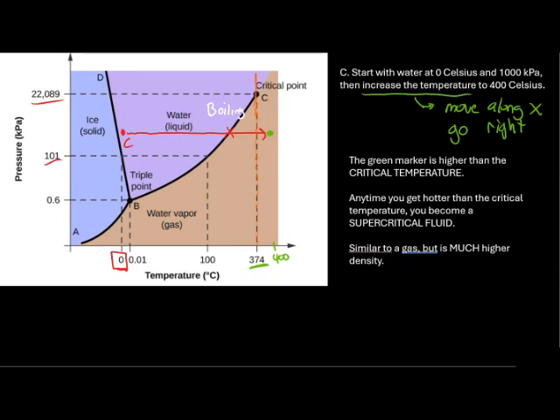So we're going to change at the very end from a gas to a supercritical fluid because our green dot is on the right side of this orange line I've drawn. So to answer this question, we would say this process does boiling first and then shifts into a supercritical fluid.